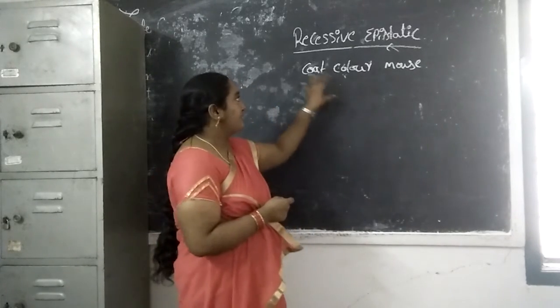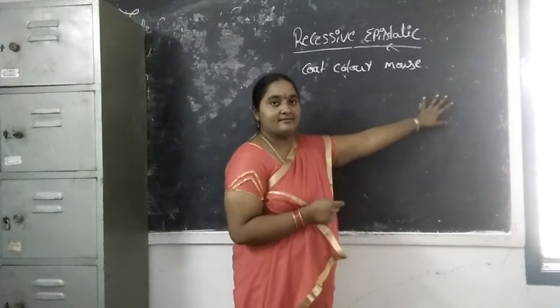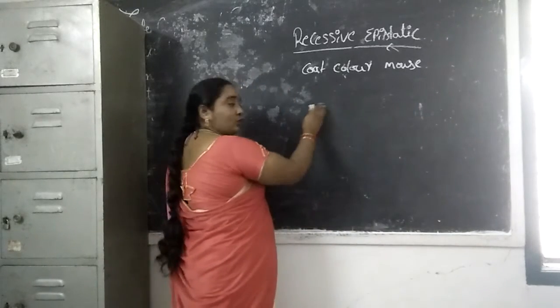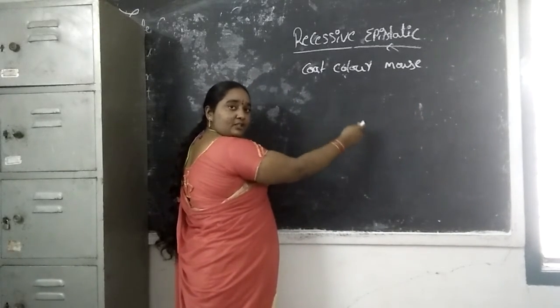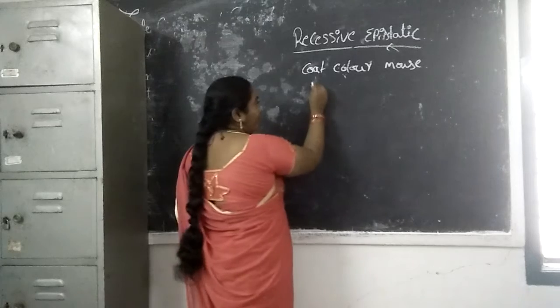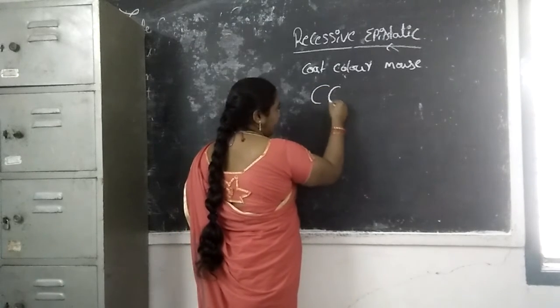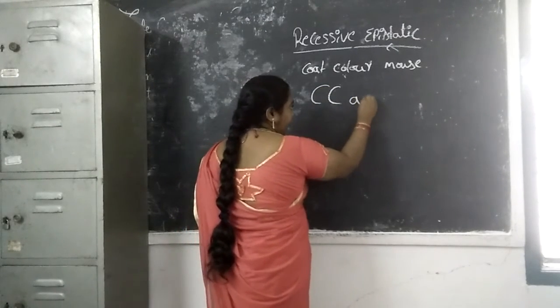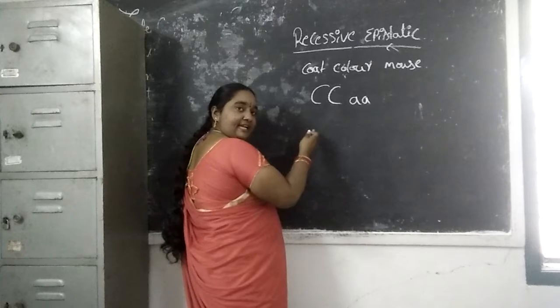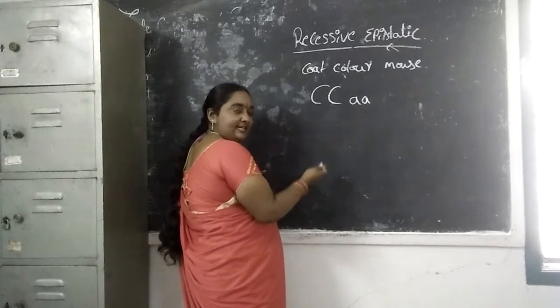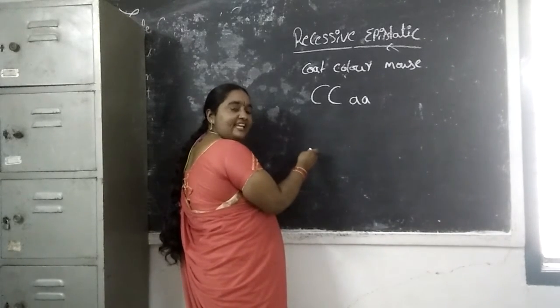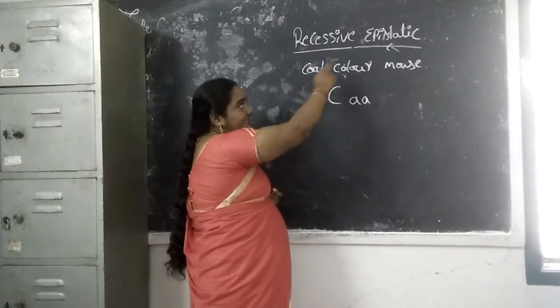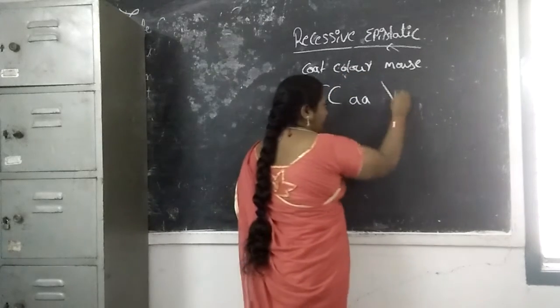Okay, let's come to the coat color in mice. There are two colors, depending upon two pigments. One is represented by capital C, capital A, capital A, and the other by small c, small a. One is the dominant character, another is the recessive character. It depends on the recessive character, by recessive epistasis.